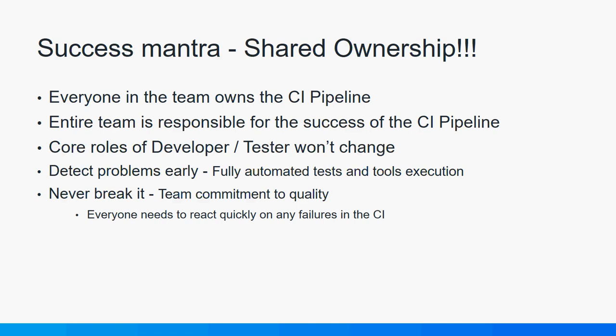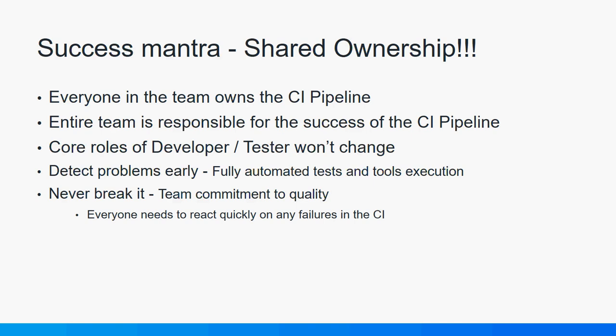Any of those issues can break the CI pipeline, so fixing it becomes the prime responsibility of the team, and every member has to focus on doing that. That is something which needs to be ensured by the team or the management. The entire team is responsible for the success of the CI pipeline.